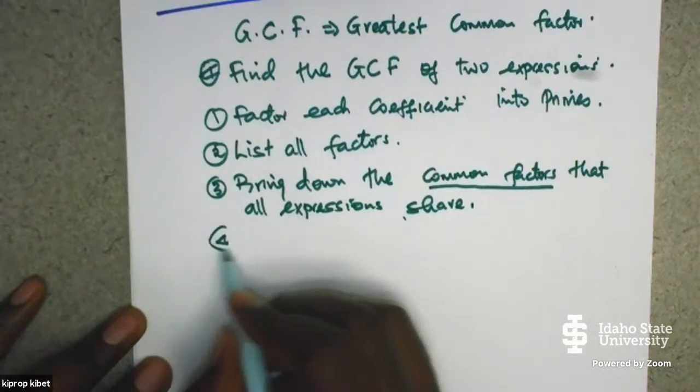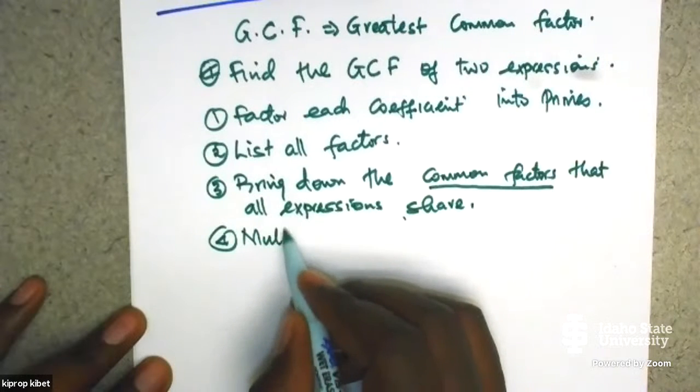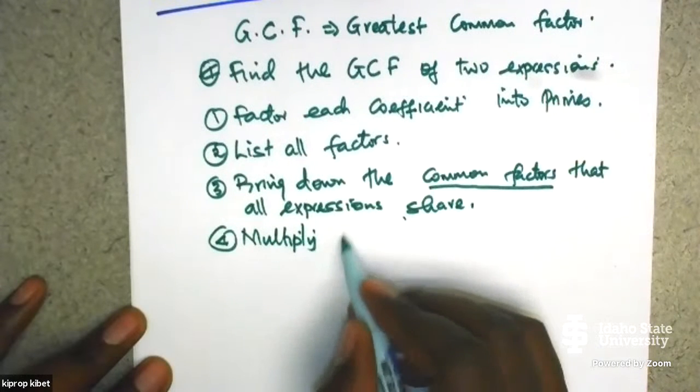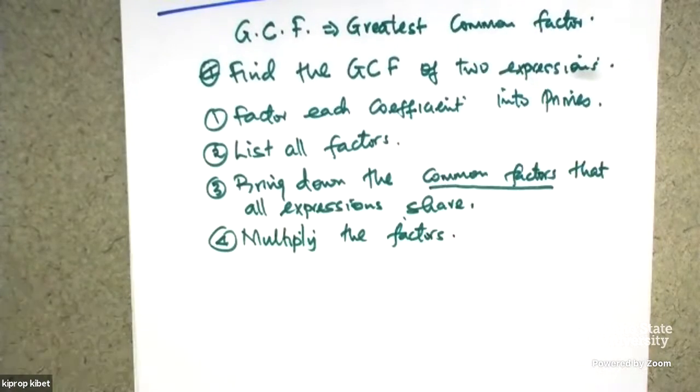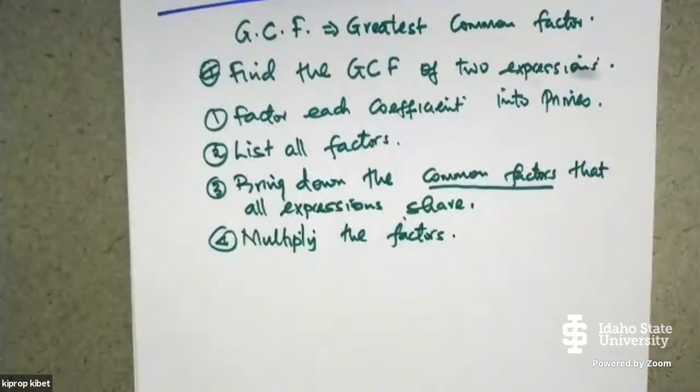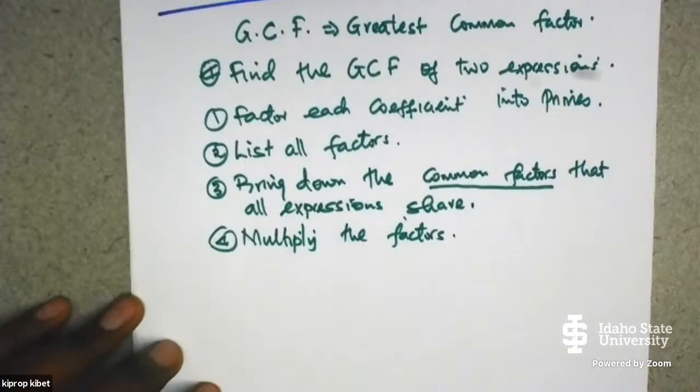Number 4: multiply the factors. So those are the few steps that you need to follow when you want to get the greatest common factor.